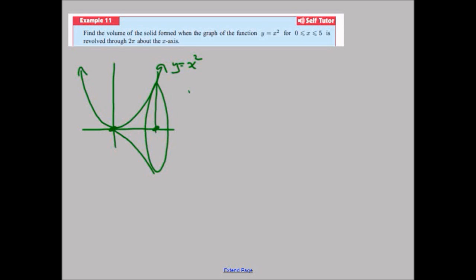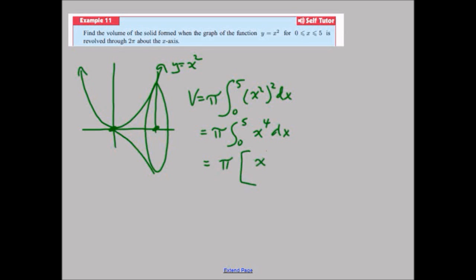So volume is pi times the integral from 0 to 5 of x squared squared dx. Simplify that, x to the power of 4. Take the integral, x to the power of 5 over 5 from 0 to 5. 5 to the power of 5 over 5, subtract 0 to the power of 5 over 5.